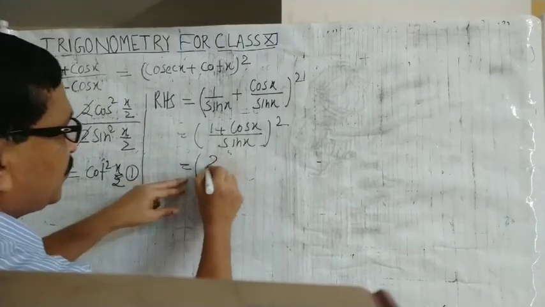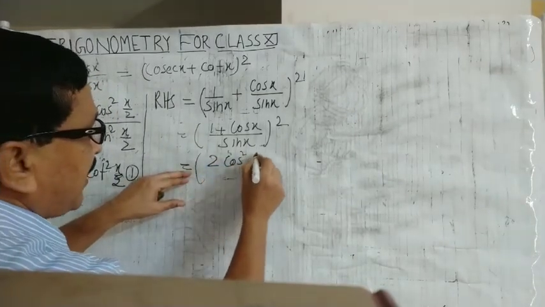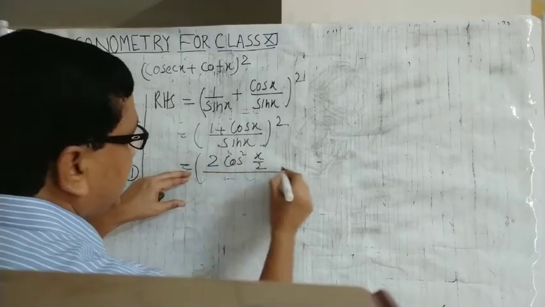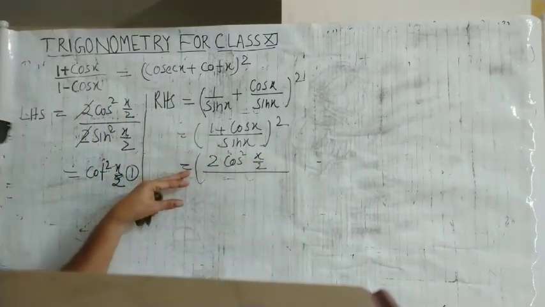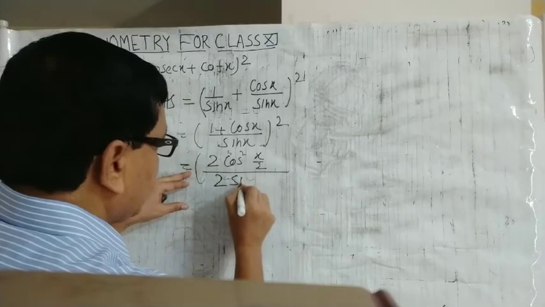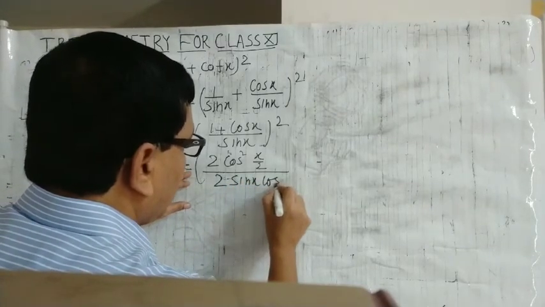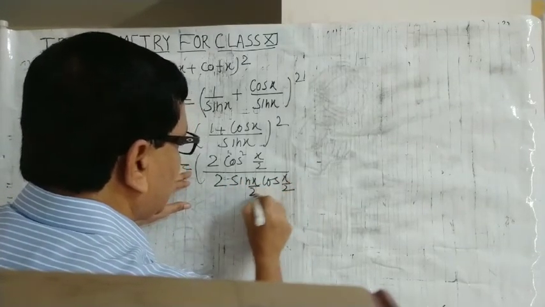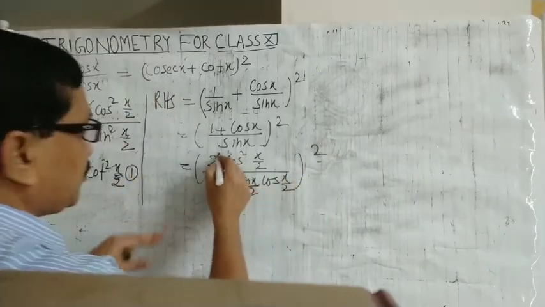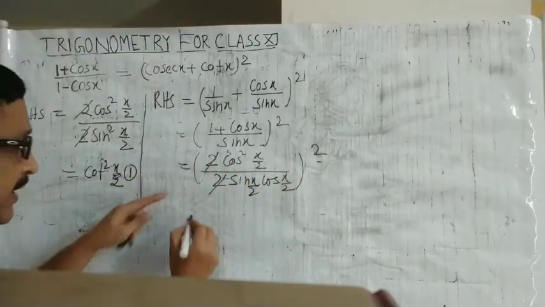This is 2 cos square x by 2, and by putting the value of sin x, 2 sin x by 2 cos x by 2, this is whole square, 2 cancelled. Now simplify this.